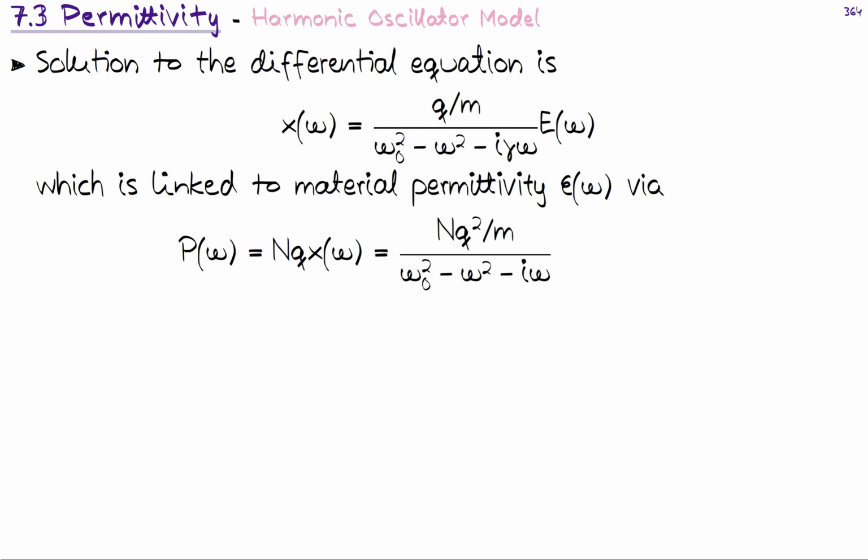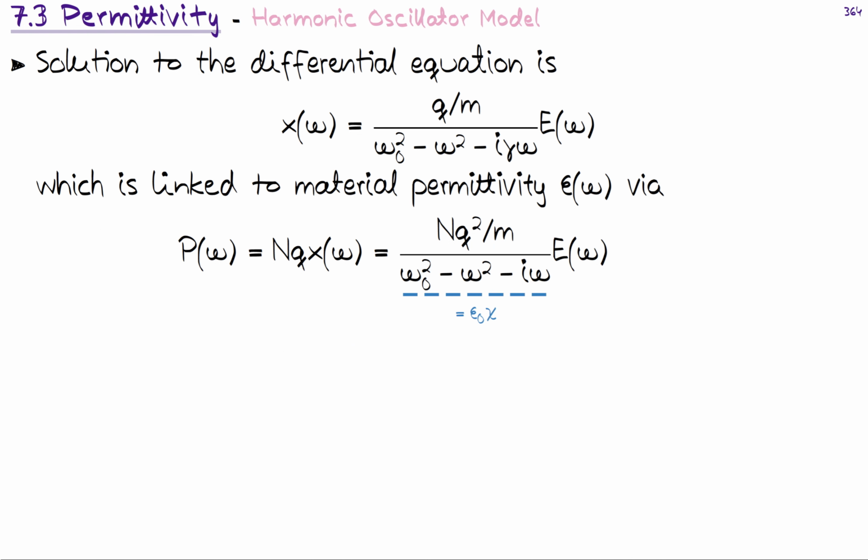So we have P equals N times q squared divided by m, the mass of our electron. Then in the denominator we have a term that depends on the resonance frequency omega naught of the oscillator, the incident driving field's frequency omega, and the damping term, i omega gamma. Sorry, I have a typo here. It should be i gamma omega here.